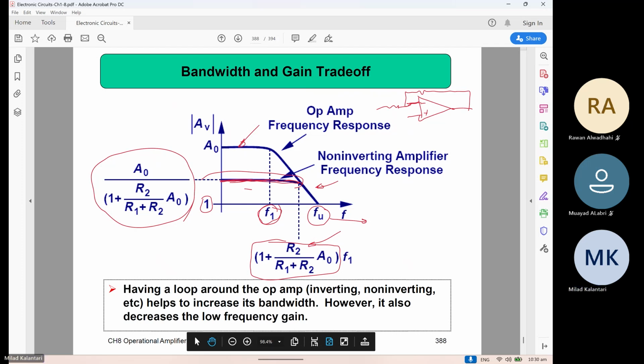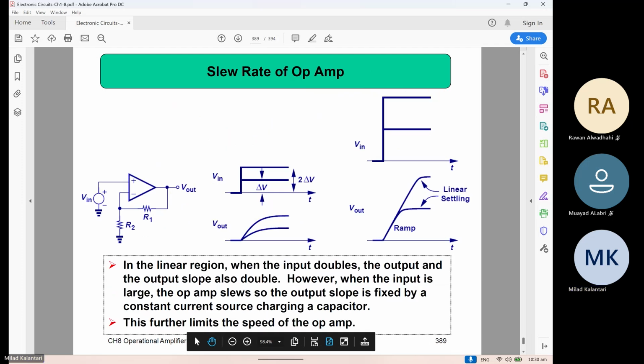Basically, this unity gain frequency says how fast the op amp is. This kind of speed of the op amp will show up in other ways as well. The name of that kind of speed limit is called the slew rate.